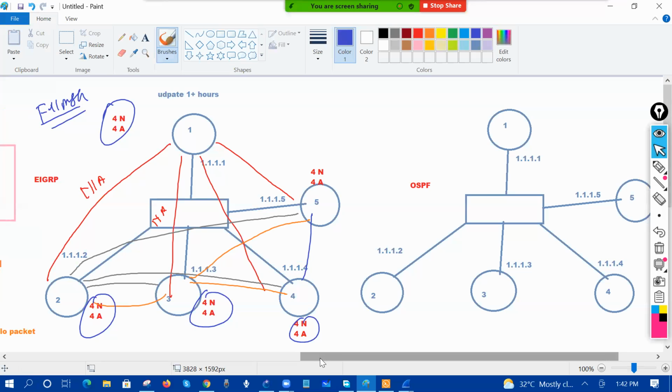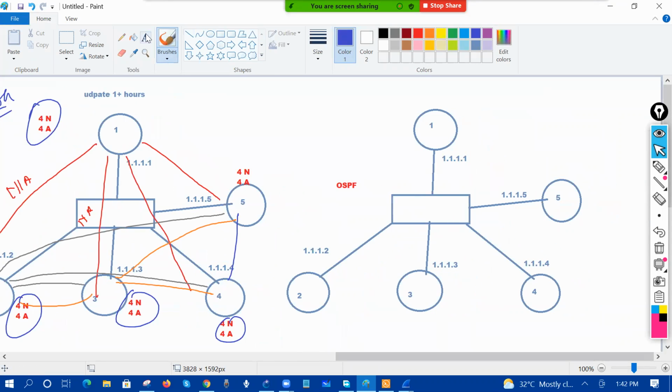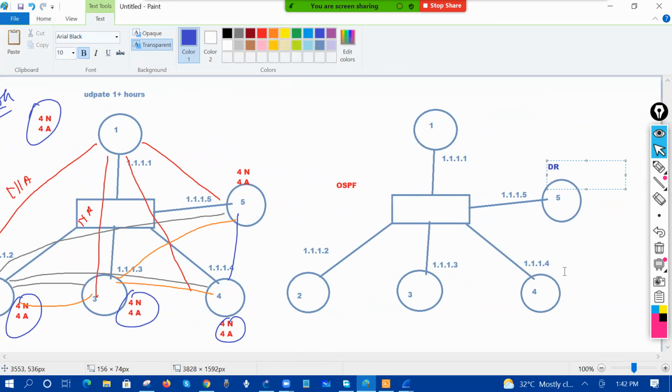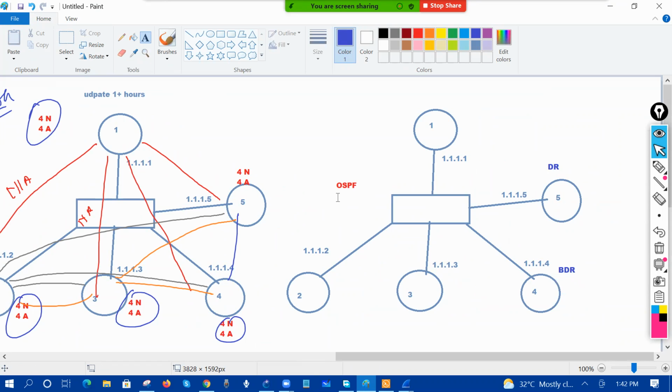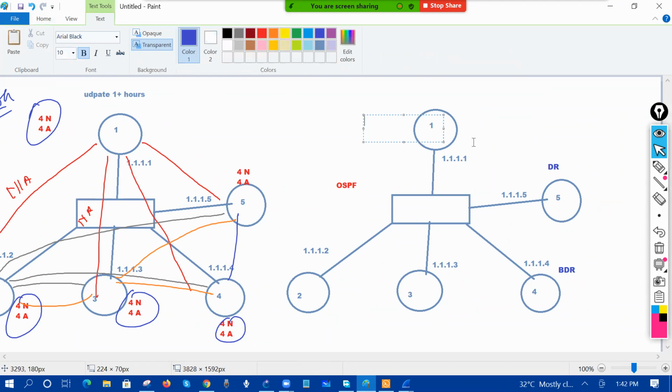But in the case of OSPF, what happened? Take an example, this is my DR router, right? And this is my BDR. What happened in this case? R4 will have 4 neighborships and 4 adjacencies, right?